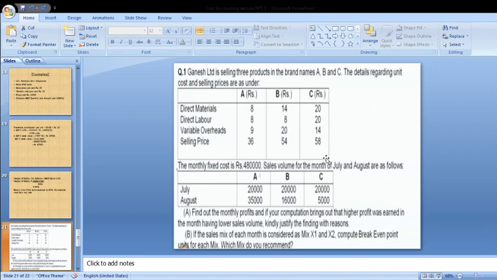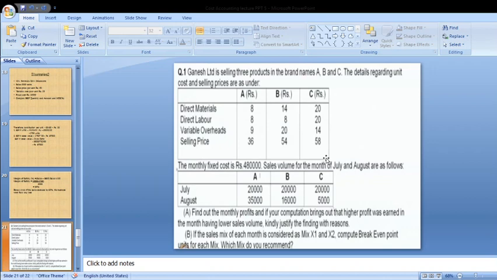Based on contribution, you can also compute the PV ratio for all the three products. Now you know the number of units sold in the month of July. So contribution per unit times number of units will give you total contribution for July and for August separately. From that deduct the fixed cost. Contribution minus fixed cost gives you the profit.